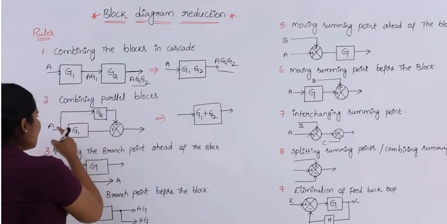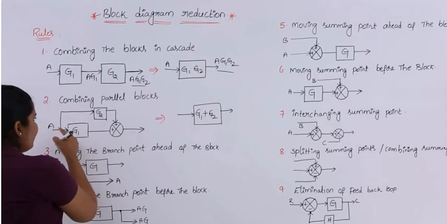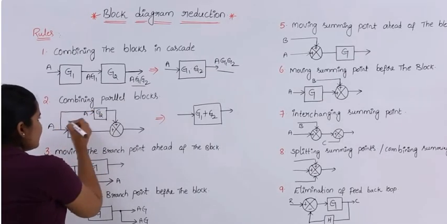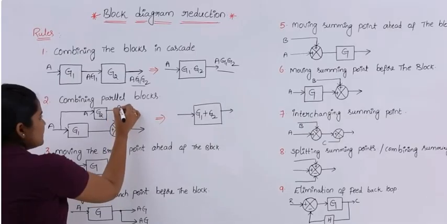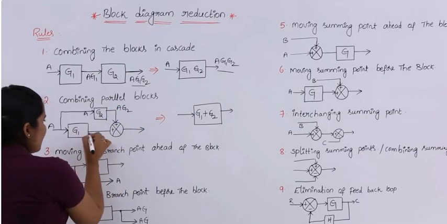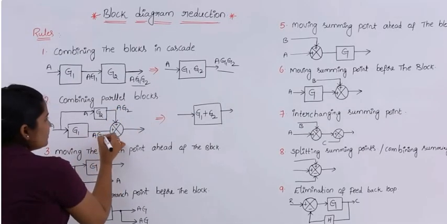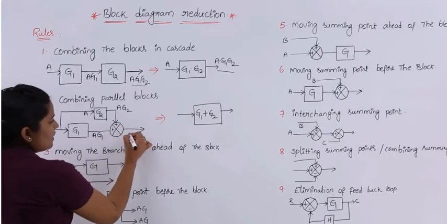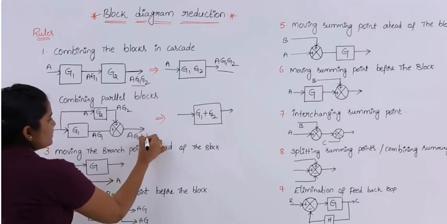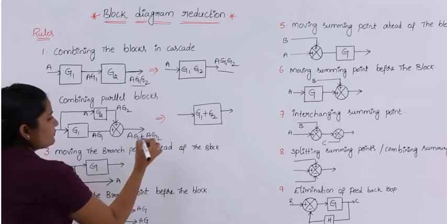You can see here you are given A, and for this block also you are given A. This block output is AG2 and this block output is AG1. These are combined to form AG1 plus AG2.